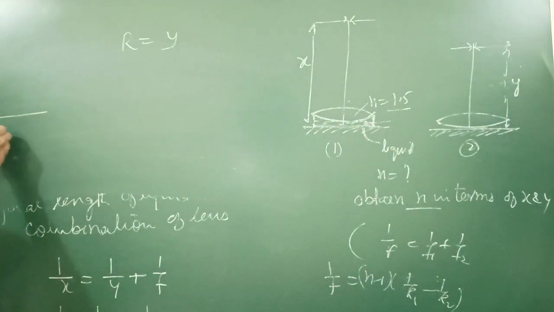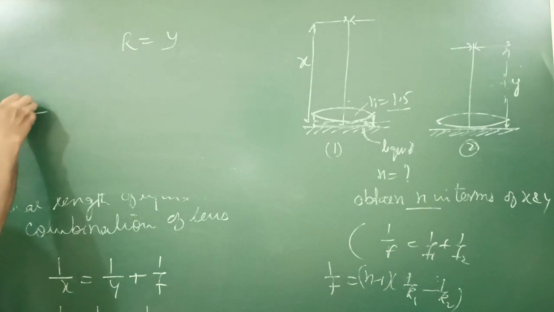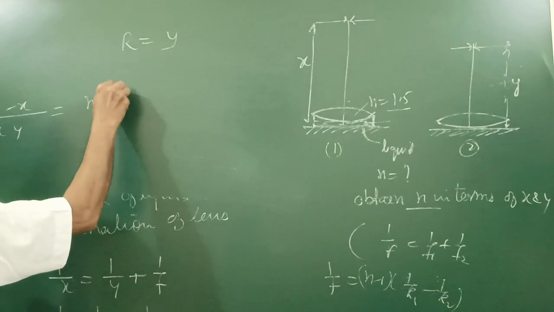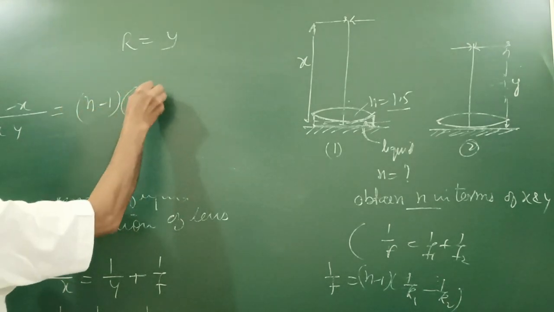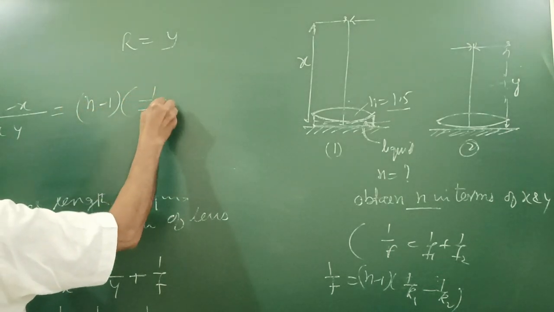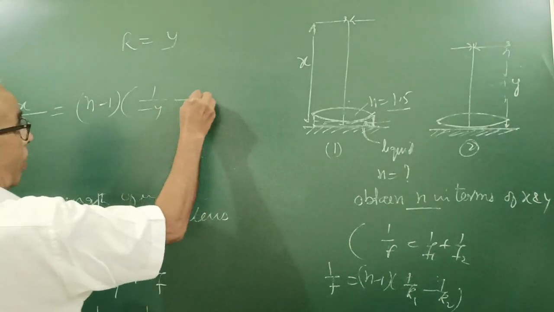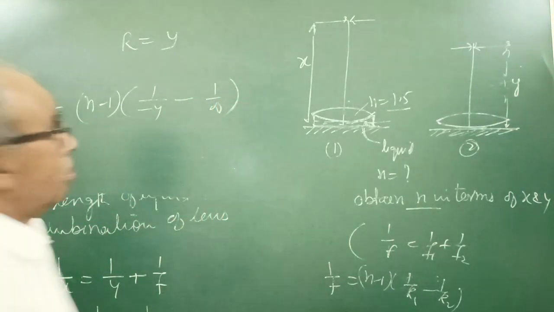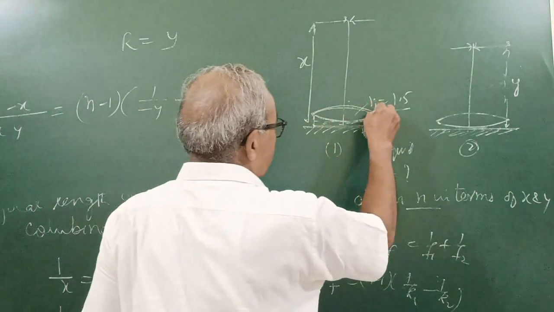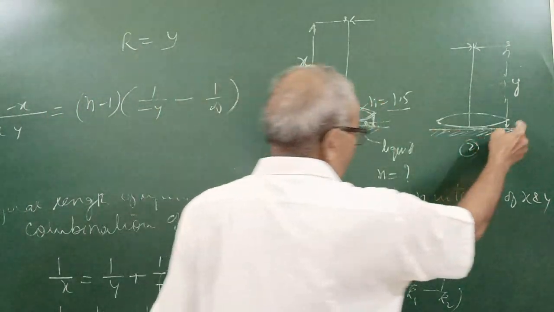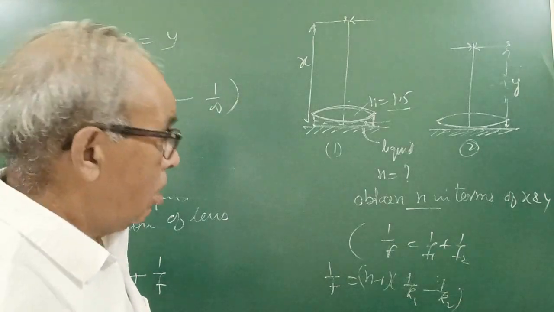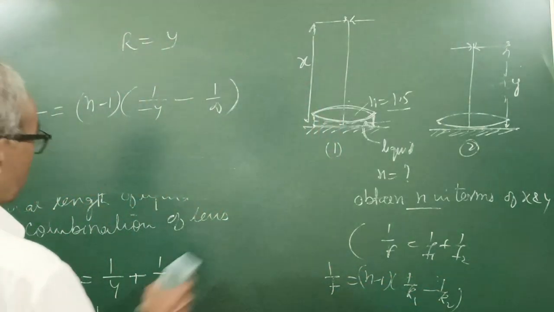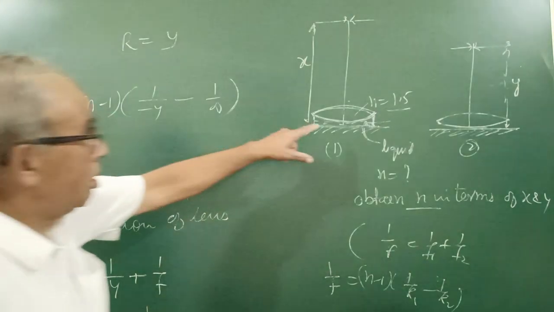So here LCM xy, y minus x over xy is equal to 1 upon f, n minus 1 into 1 upon minus y minus 1 upon infinity. Because the radius of curvature of this double convex lens has magnitude equal to the focal length, and n is the index of the liquid.